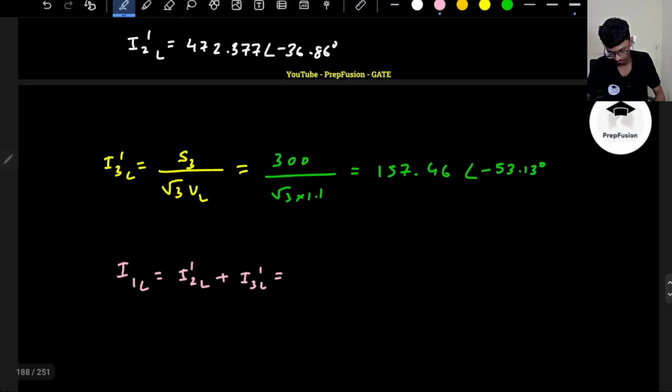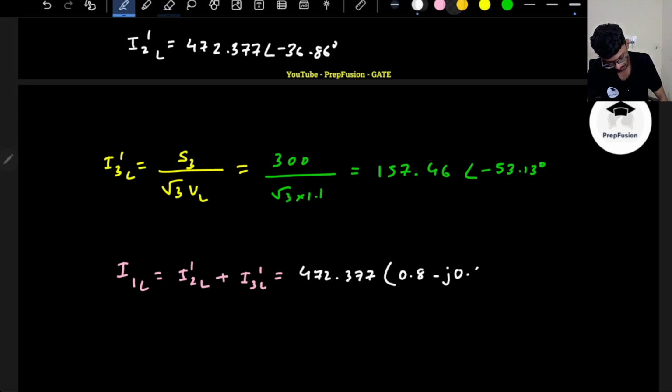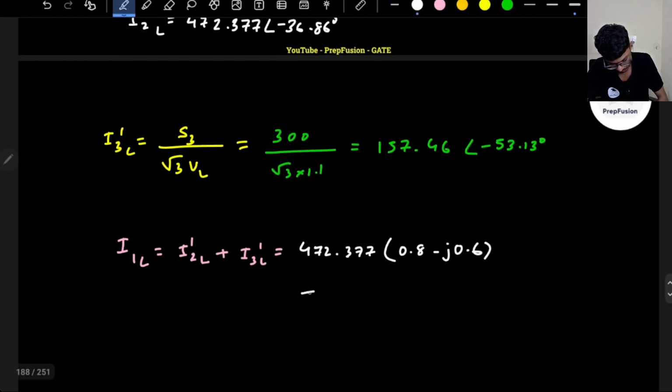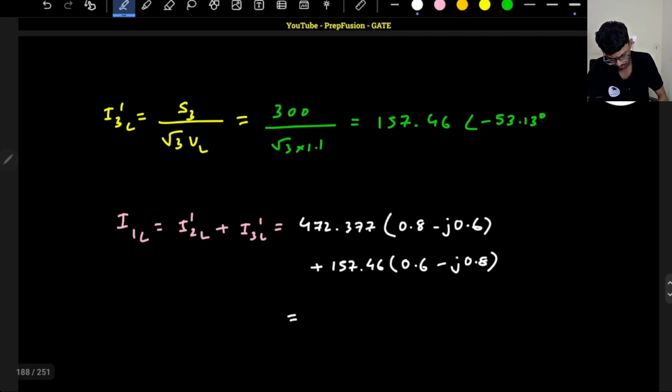I can easily calculate this: 472.377 times (0.8 minus j0.6) plus 157.46 times (0.6 minus j0.8).